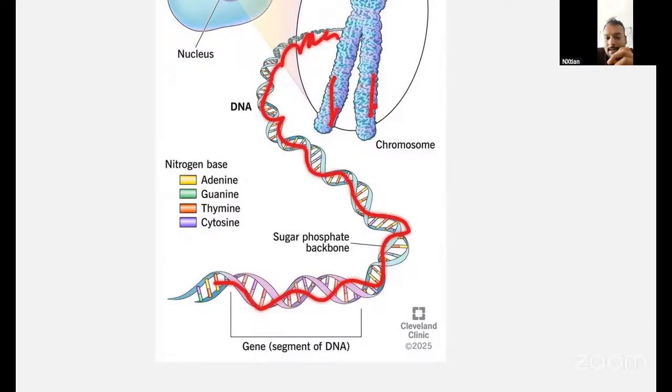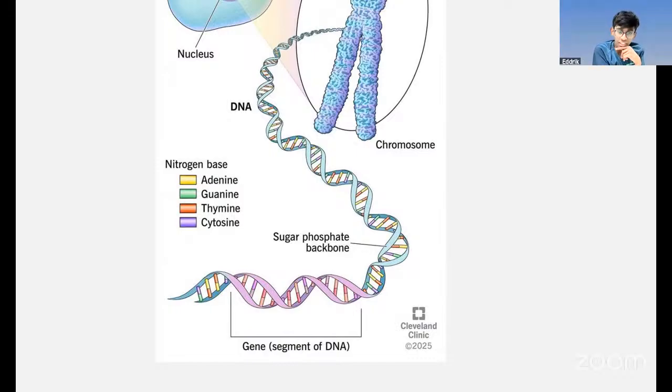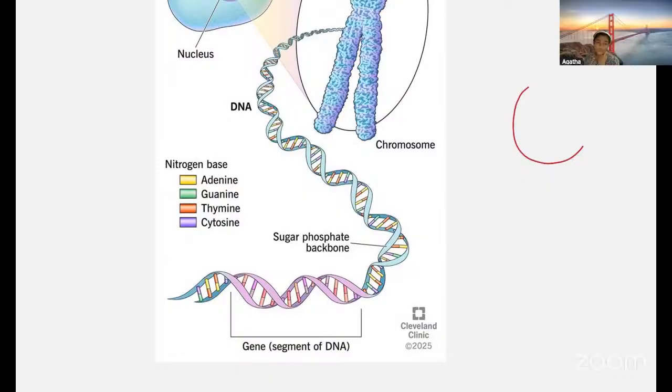When the condensed form of DNA is there, easy separation can happen. That's why the condensation happened. So chromosomes are condensed DNA, and these chromosomes will divide, becoming one strand each.